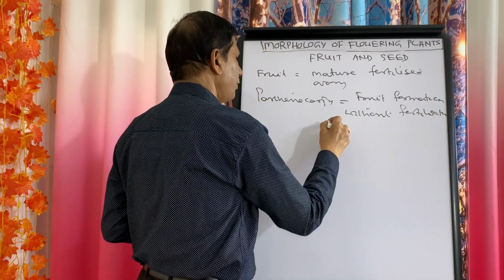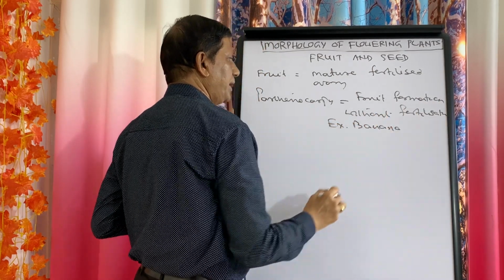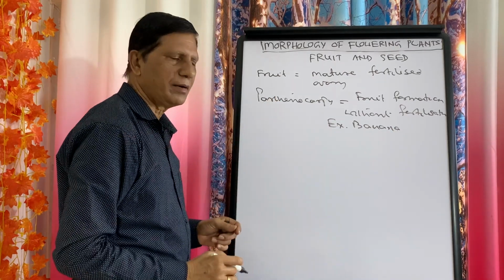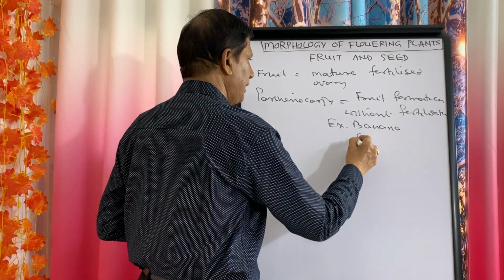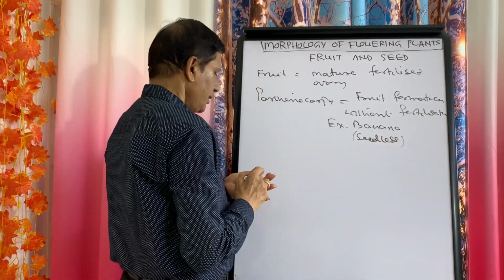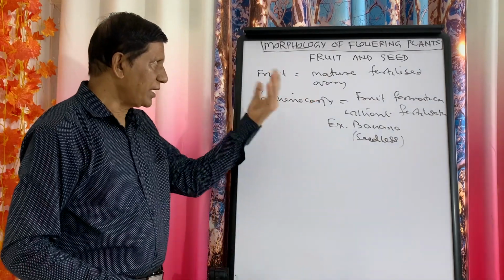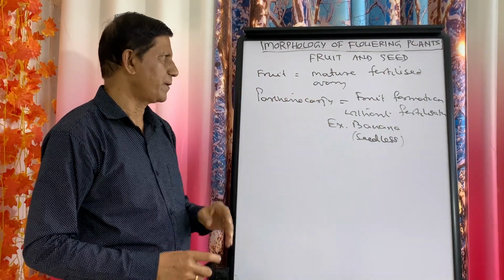The common example is banana. Usually where parthenocarpic fruits are present, they are seedless. And when the ovary is fertilized and matured, it gives rise to fruit.